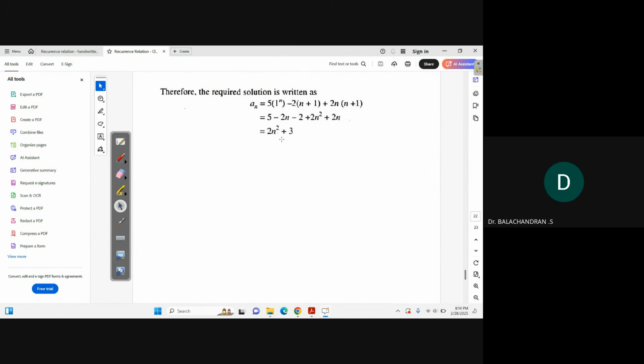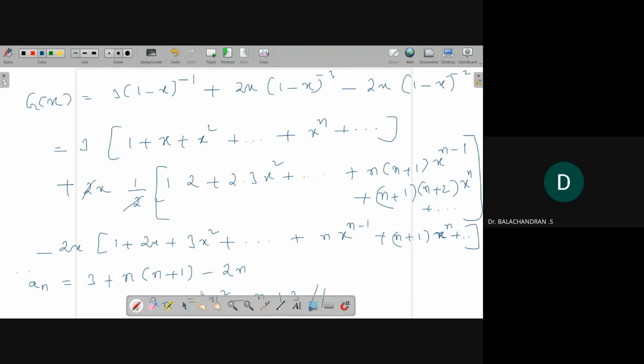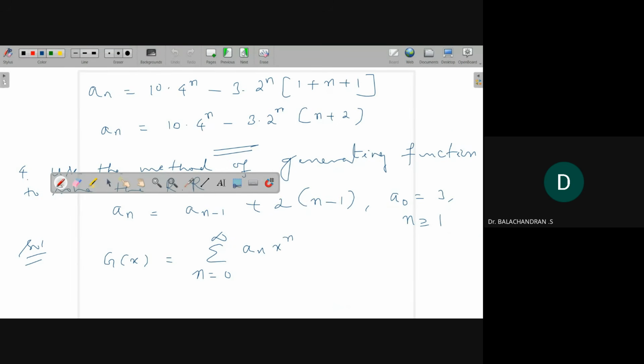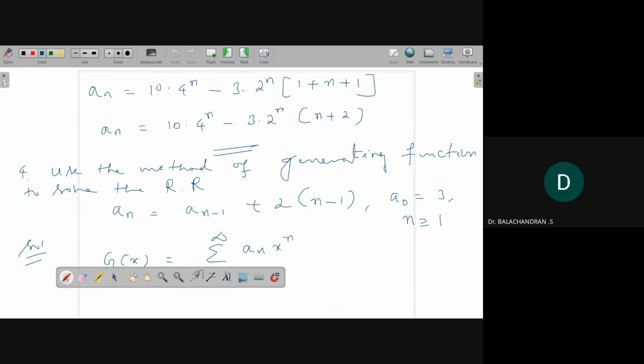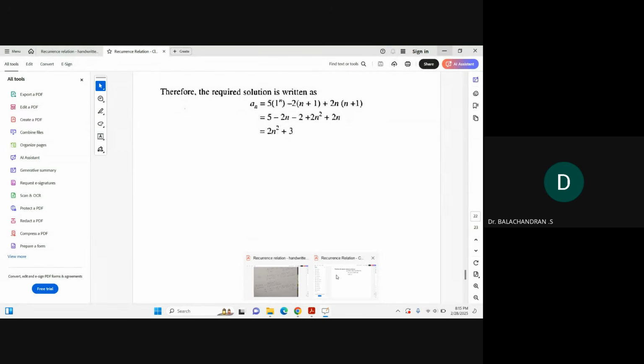I think this is a mistake. We got n square minus n plus 3, the same problem. So an equal to an minus 1 plus 2 into n minus 1. Okay, so there are some typos in the PDF, the book.